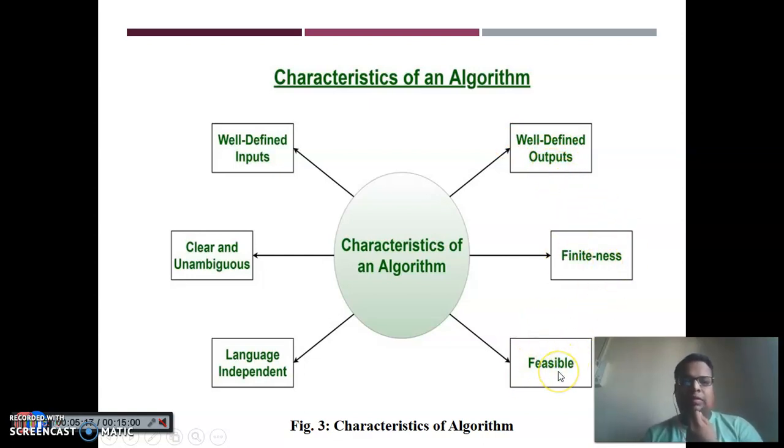The algorithm that we are going to design should be feasible. It should be language independent, meaning the same algorithm can be used to implement the program in C, C++, Java, etc. And the final requirement is that it should be clear and unambiguous.